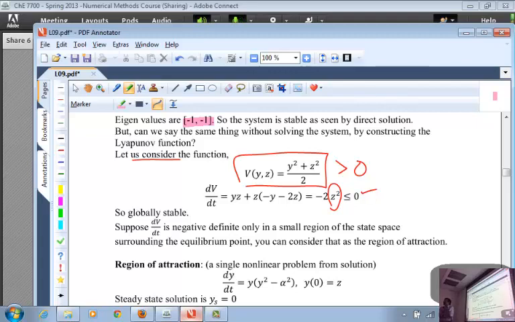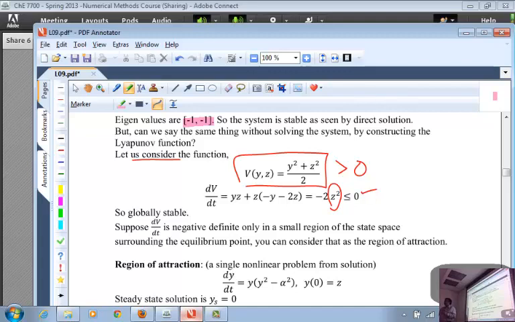So can I at least construct that function and then ask over what region in the state space that condition is satisfied? That is, V remains positive definite and V dot remains negative definite in a certain region, may not be globally. Then I would define that region as a region of attraction. So if I lie within that state space, I will be stable. If I go outside of it, I cannot answer the question.